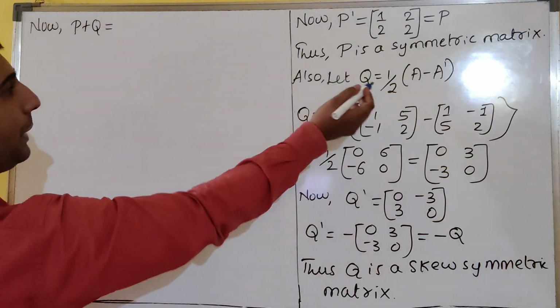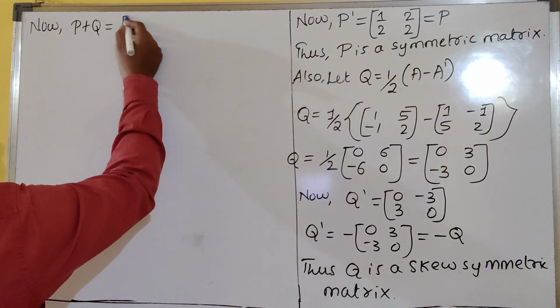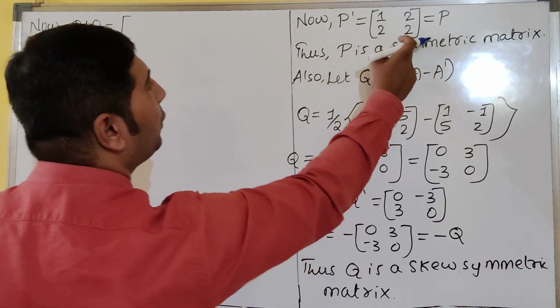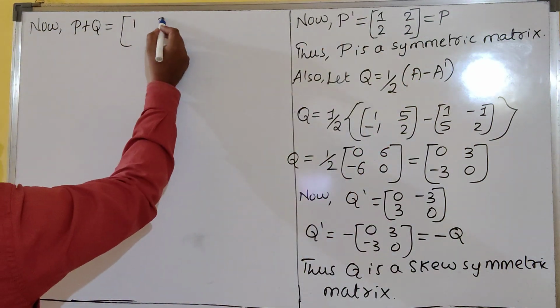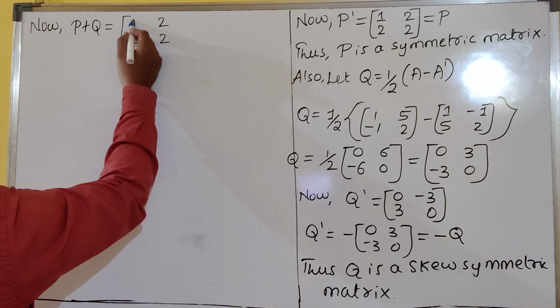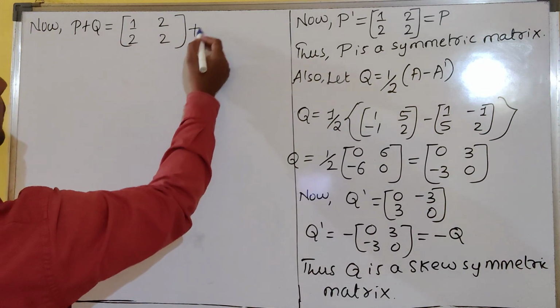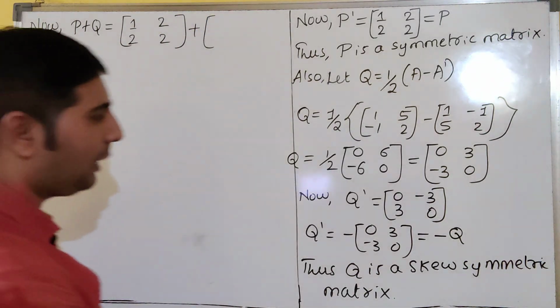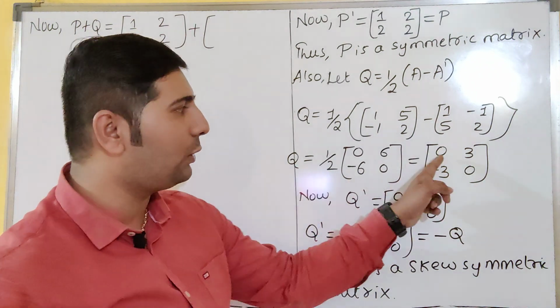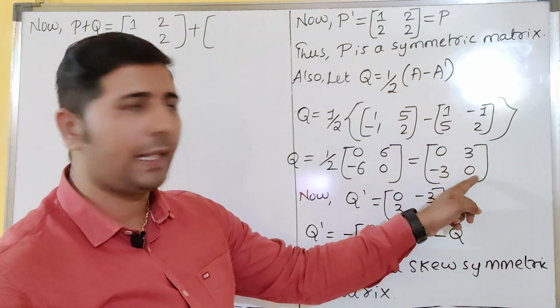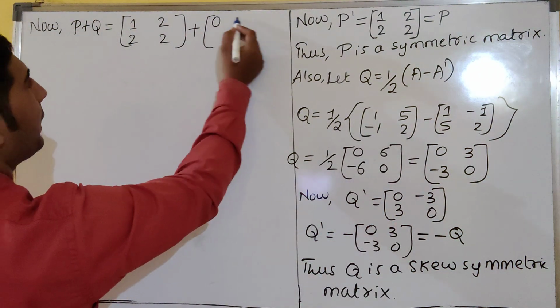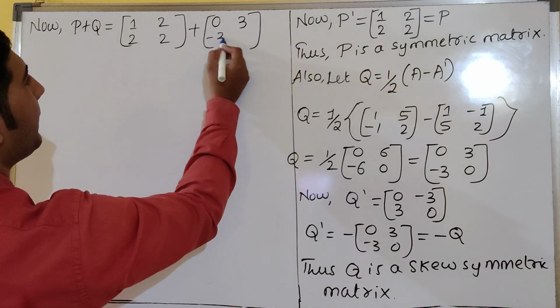So P is, can you see the P value? [[1, 2], [2, 2]]. Plus, what is the Q value? Q is equal to [[0, 3], [-3, 0]].